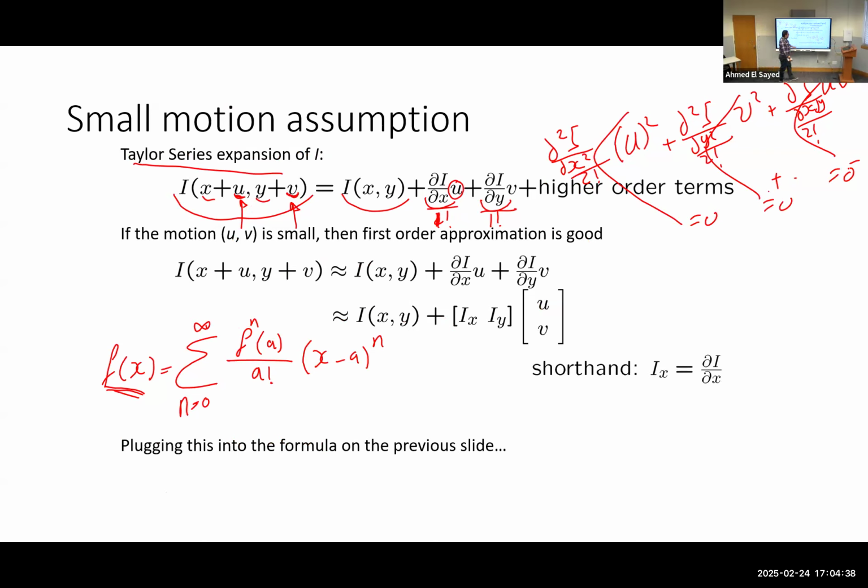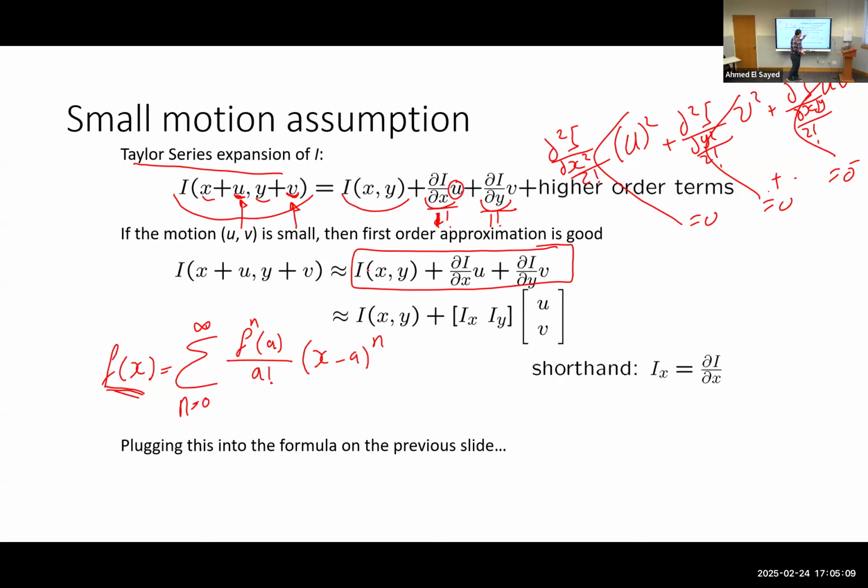Okay? So in this case, I will approximate this to equal I of x and y plus the first derivative times u, the first derivative times v. Now, this one looks okay for me, but we need to twist it a little bit to look similar or in the linear algebra form.